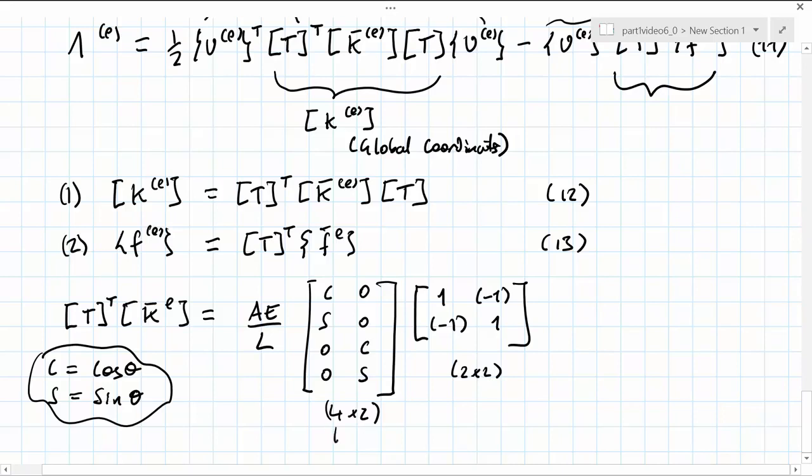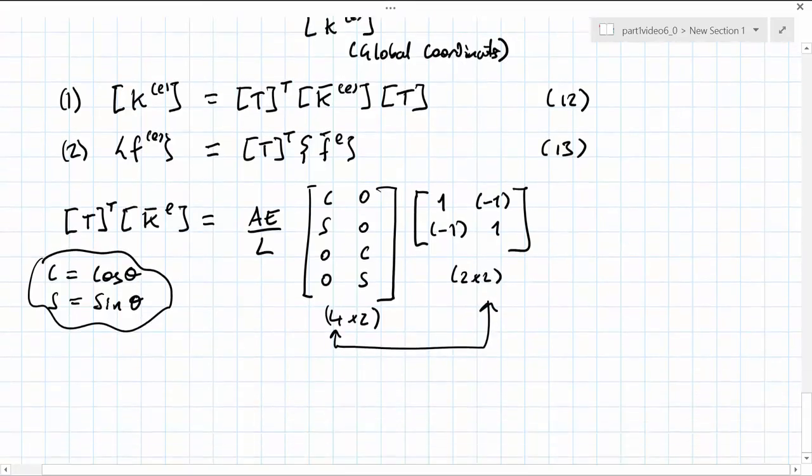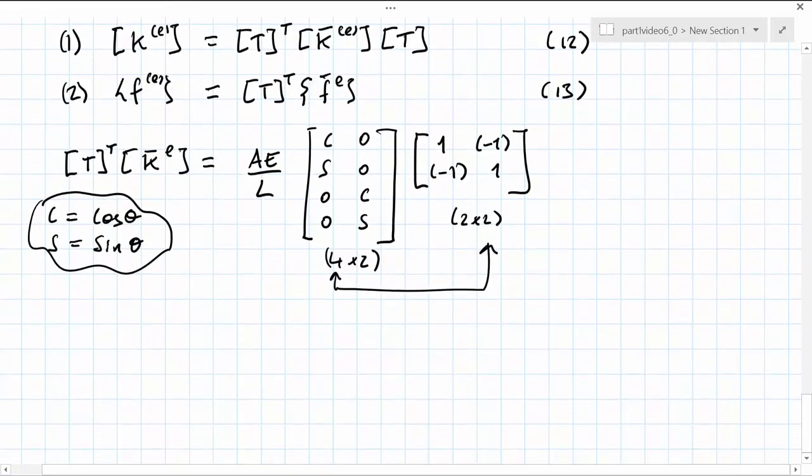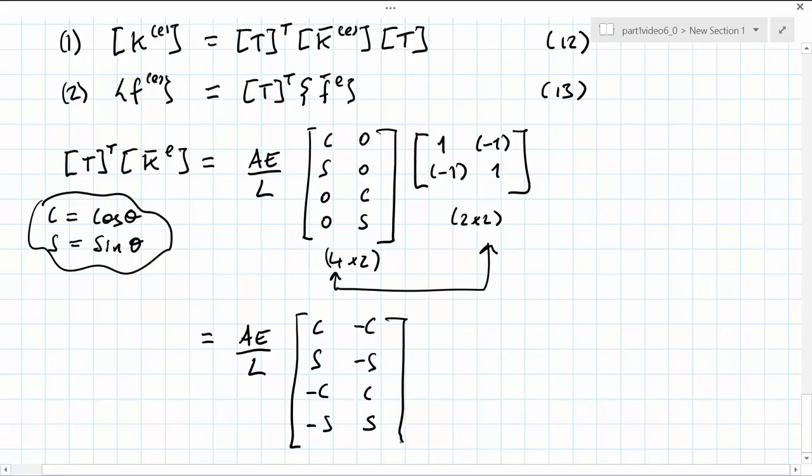So this means that we'll end up with a 4 by 2 matrix. So we have AE over L times by C, S, minus C, minus S, minus C, minus S, C and S.